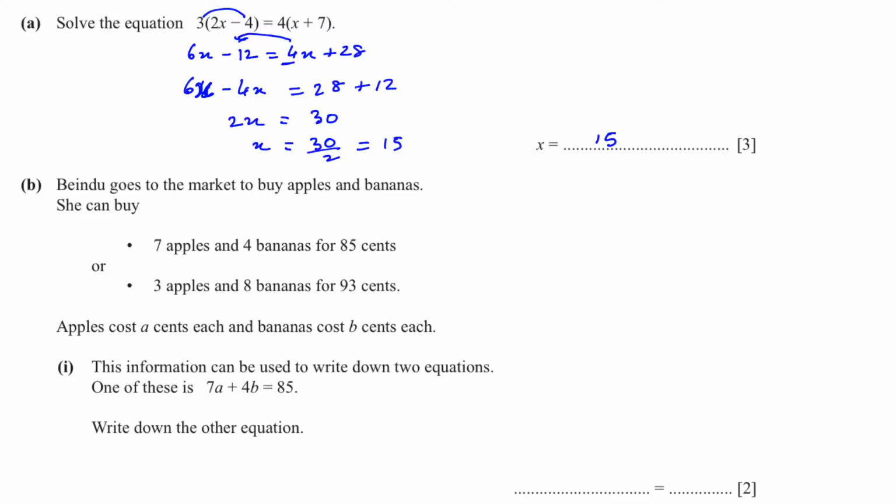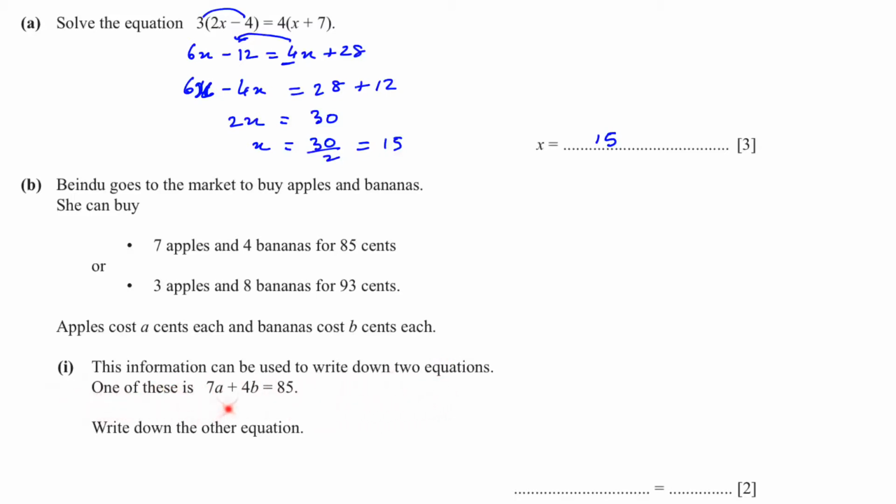Part B. Bindu goes to the market to buy apples and bananas. She can buy 7 apples and 4 bananas for 85 cents or 3 apples and 8 bananas for 93 cents. Apples cost a cents each and bananas cost b cents each. This information can be used to write down two equations.